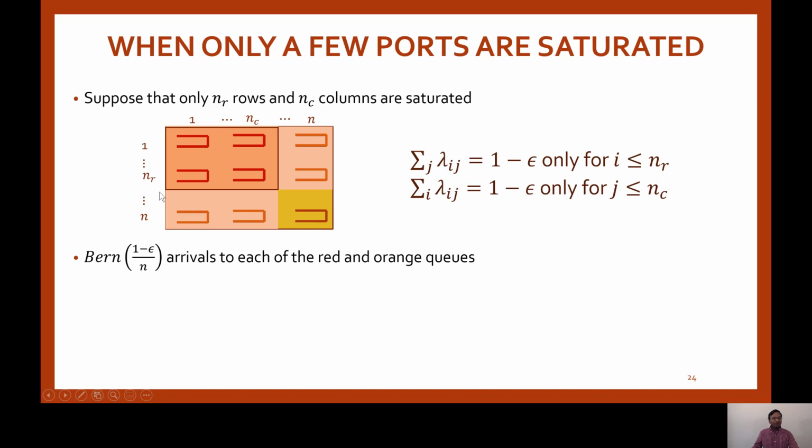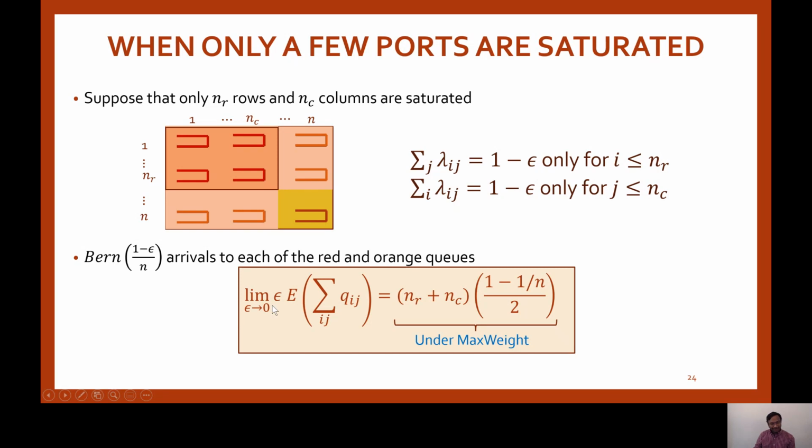So basically the arrivals of all the queues in the first NR rows and all the queues in the first NC columns. Pretty much in this picture, only this yellow queue is excluded. For all these guys, the arrival rate is Bernoulli 1 minus epsilon over n. And for the yellow queues, it's something that's strictly smaller than 1 over n in the limit. This ensures that the row sum and column sum for these rows and columns approaches 1.